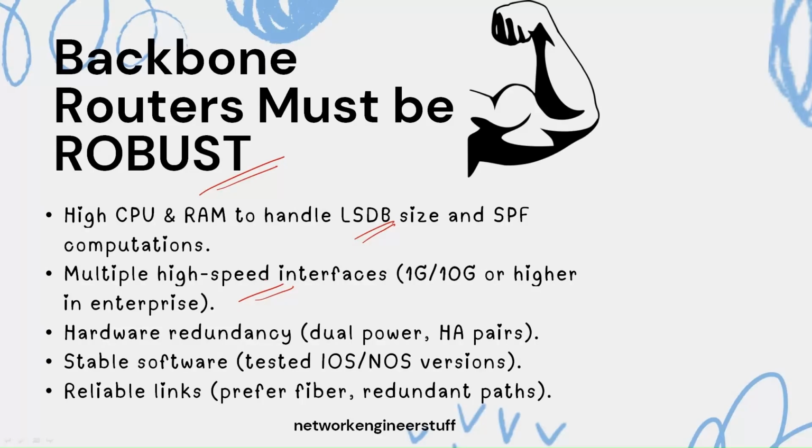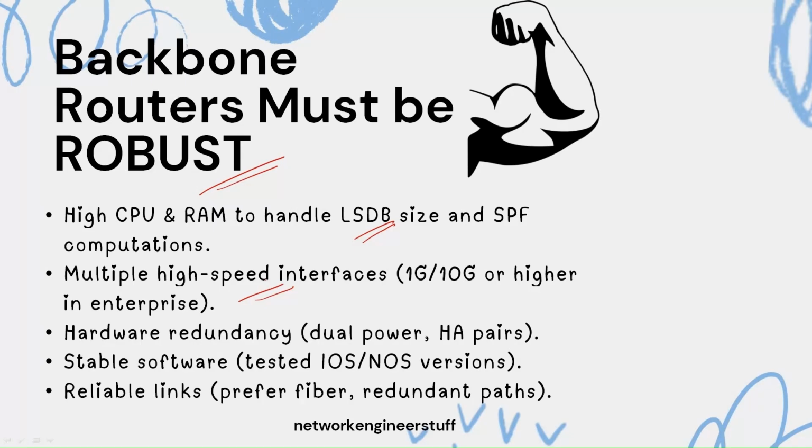The hardware should be redundant. It should have dual power supply, those routers. They should have high availability, like dual CPU and that kind of thing. The software should be stable. It should not be buggy software, whichever software is currently running on those backbone routers.